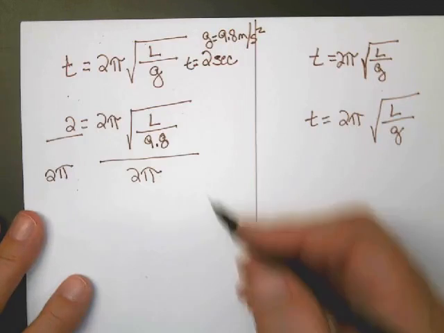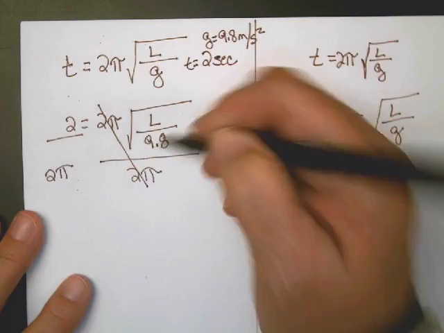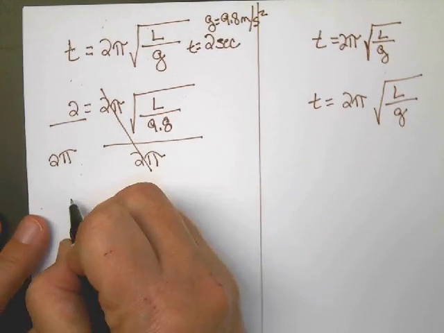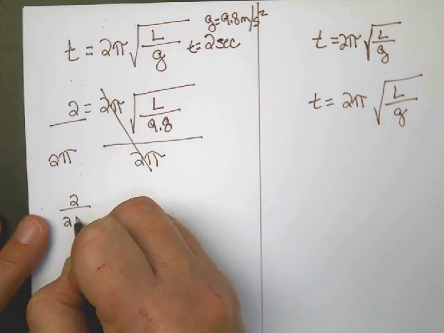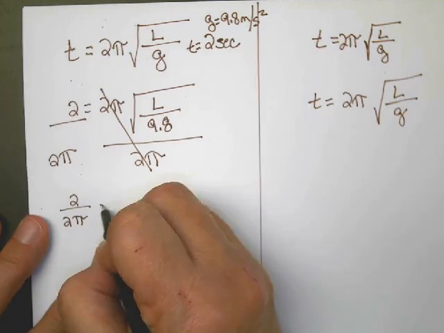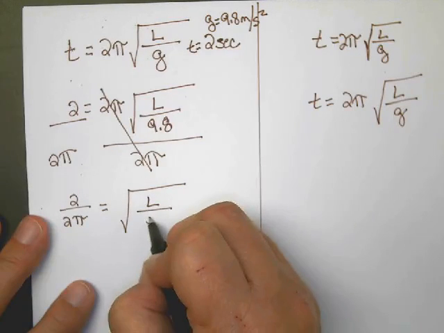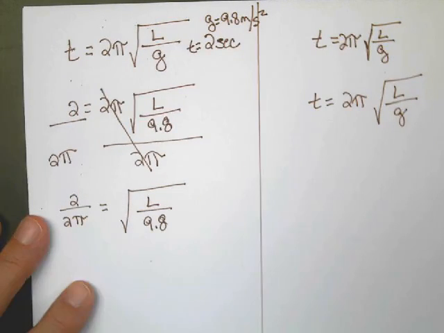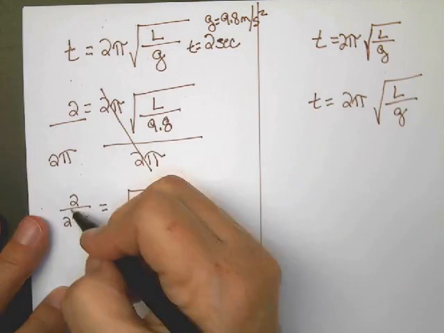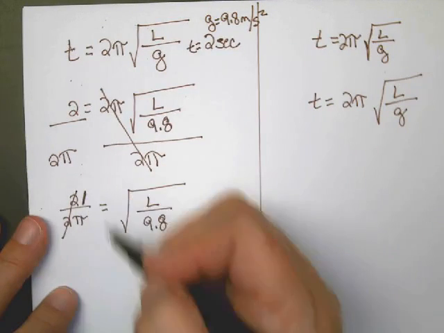Well, 2 over 2 pi equals the square root of the length of the string divided by 9.8. I can divide out the 2 and make that be a 1, so it's 1 over pi.